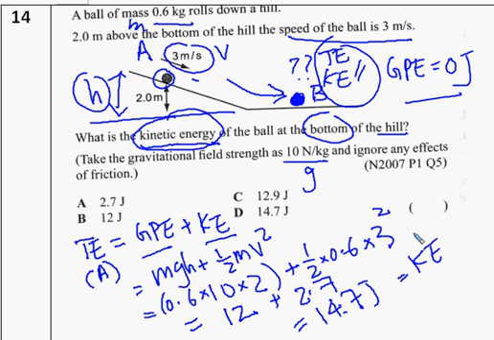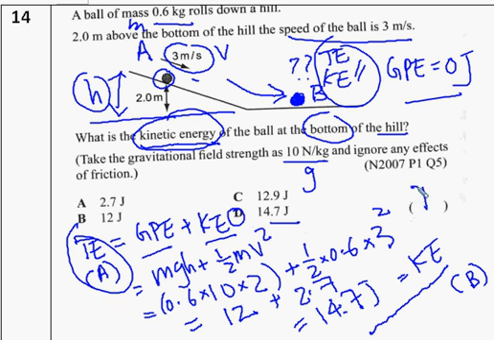So I can stop here because my KE is my total energy at position B. My position B gives me my total energy at position A, because total energy remains constant at different positions of the hill. So the answer in this case is actually D.